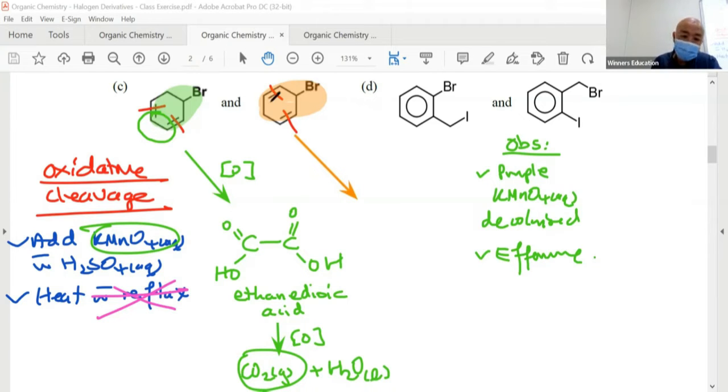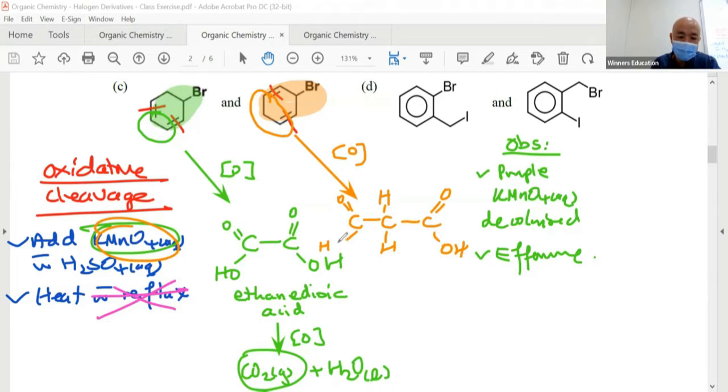The one in orange has 3 carbons. So this is the carboxylic acid you get after oxidation with the oxidizing agent, which will not get further oxidized. Are you with me?